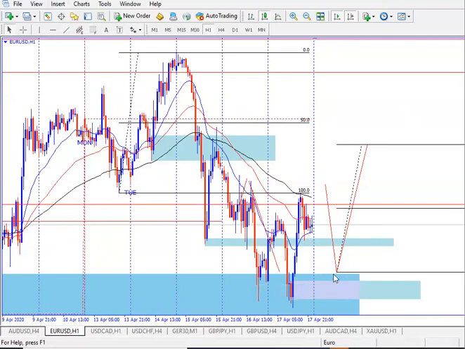And this area giving like a small head and shoulders, but also down into this bearish order block, giving you maybe a W pattern.